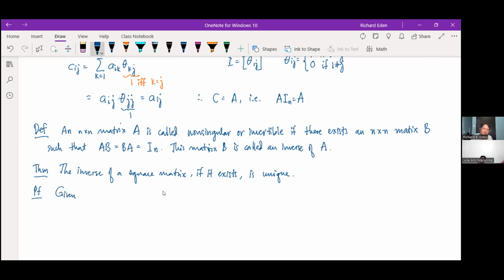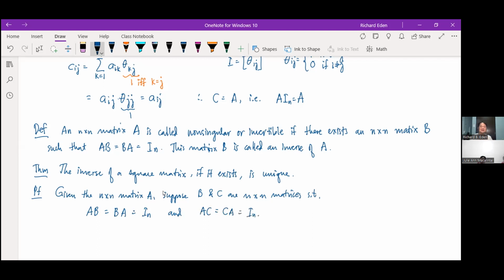Given an n by n matrix A, suppose B and C are n by n matrices such that B and C are both inverses of A. In other words, AB equals BA equals I sub n, and AC equals CA equals I sub n.